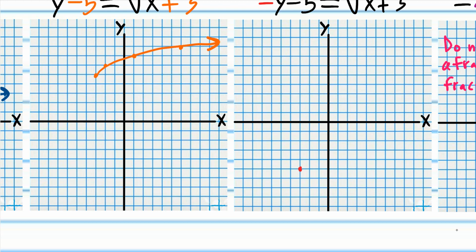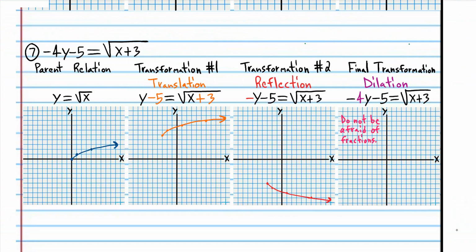And then we're going to do the same thing with all the other points, and we come up with the following graph. 1, 2, 3, 4, 5, 6, 7, 8, 9, down 3, connect the dots, and we're done reflecting.